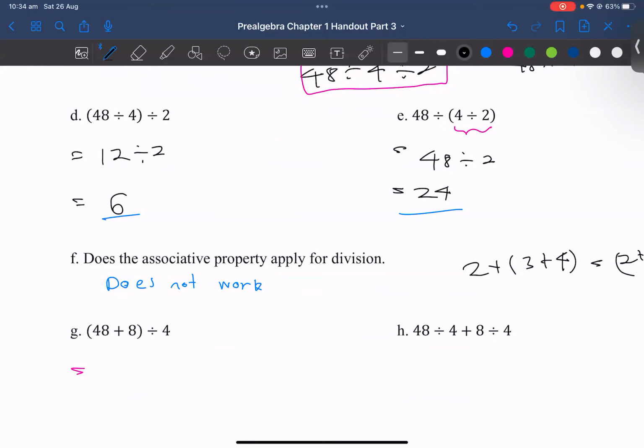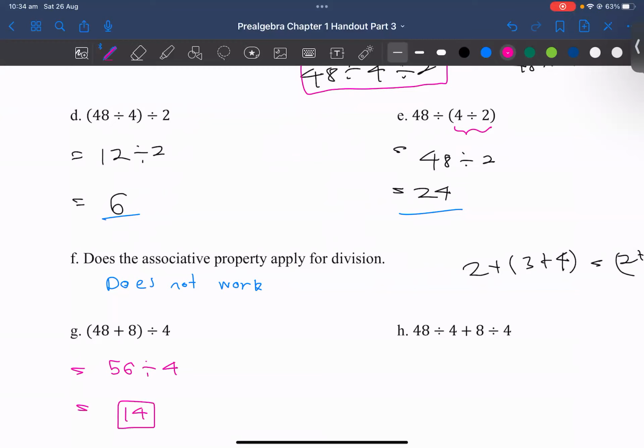So if you do the addition first, you end up getting 56, right? 56 divided by 4. Is that what you guys got? Yeah. And the answer to that is 14. Good.